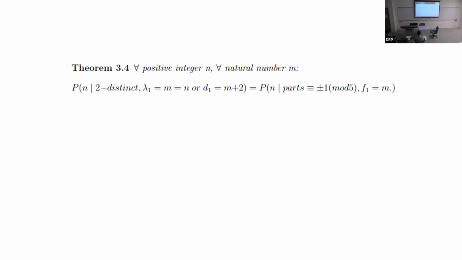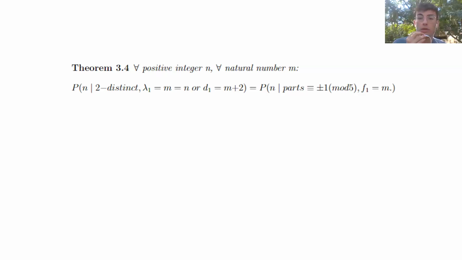What does it say? I will explain. For example, let's say m is equal to 3. However you choose n, the number of partitions of n such that parts are plus or minus 1 modulo 5, and you use 1 three times, is equal to the number with d1 equal to 5.